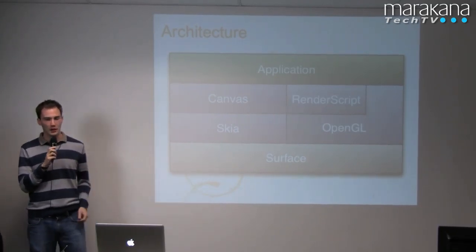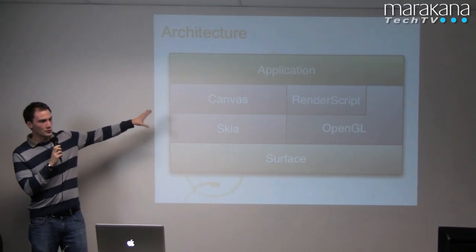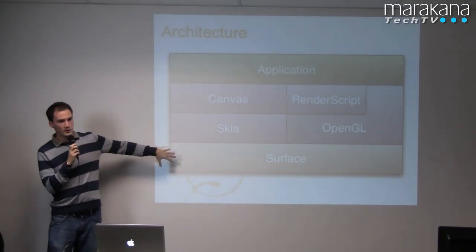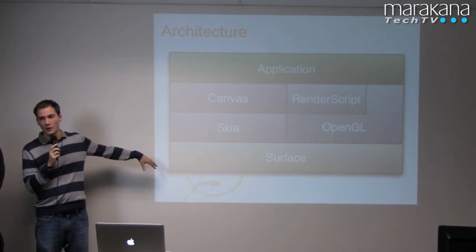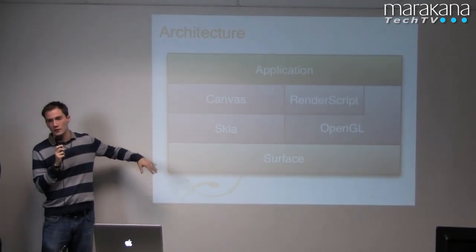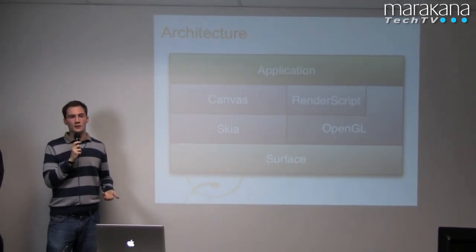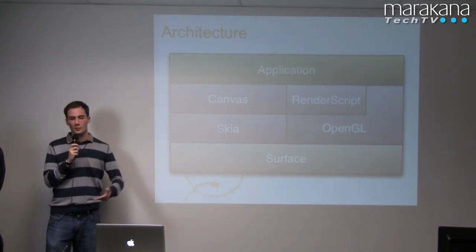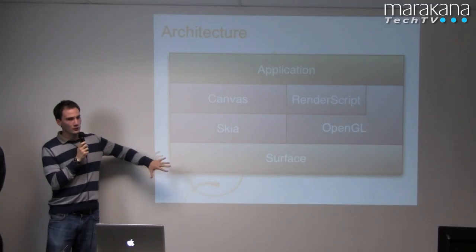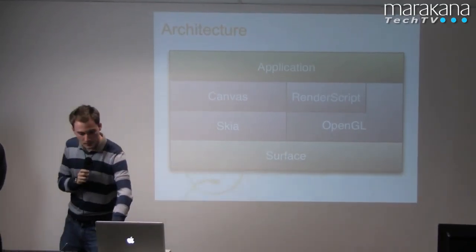Or you can use OpenGL directly. But whatever you choose to draw, you will draw in a surface. The surface is created for you by the system. You have very little control over the surface. You can choose the quality of the surface that you want, 16 bits or 32 bits, is it transparent or opaque. But other than that, you can't really control that surface.